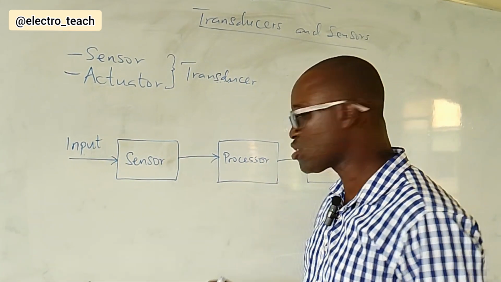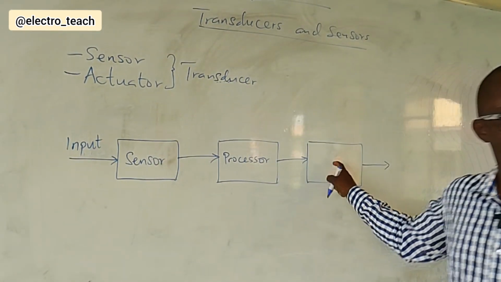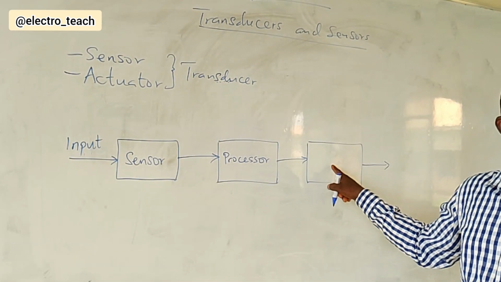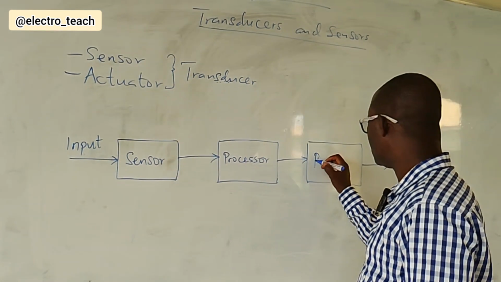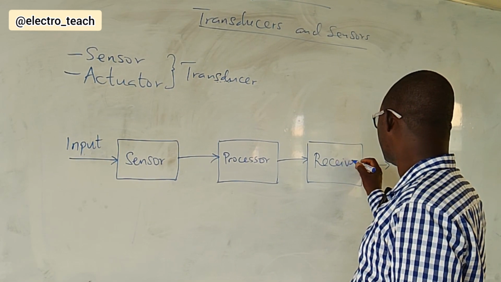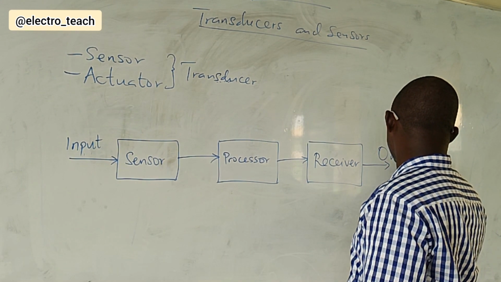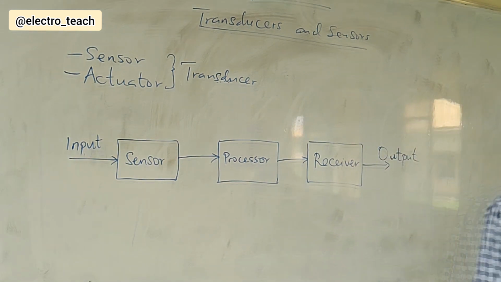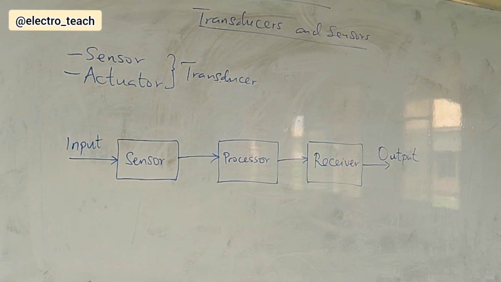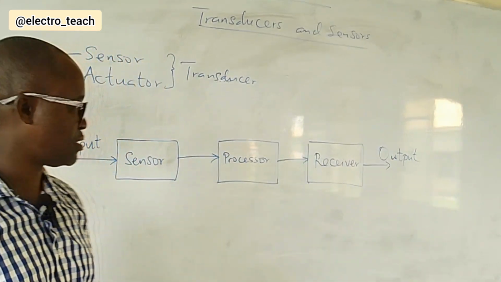And then the processor processes whatever is received and gives the signal to the output device, which is actually a receiver. Then you have the output signal going. That is the basic instrument system.